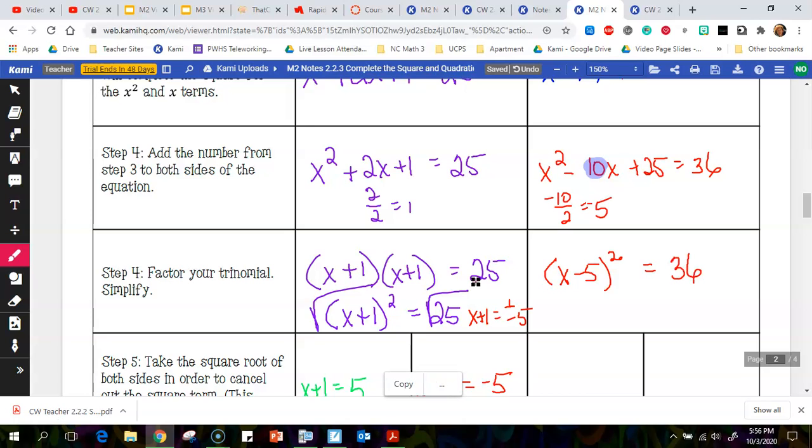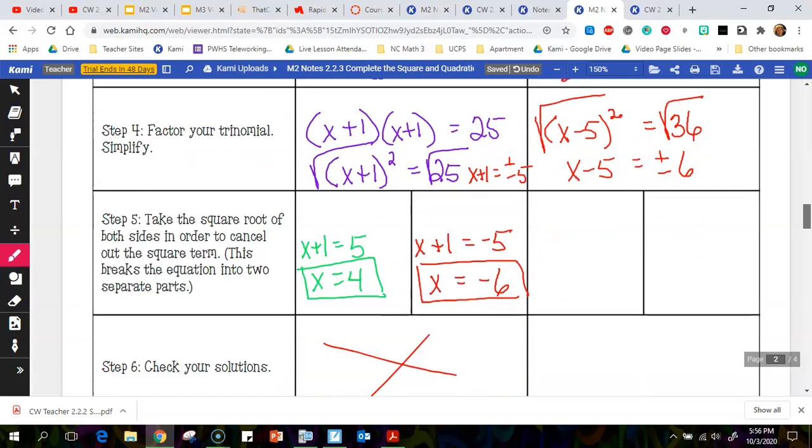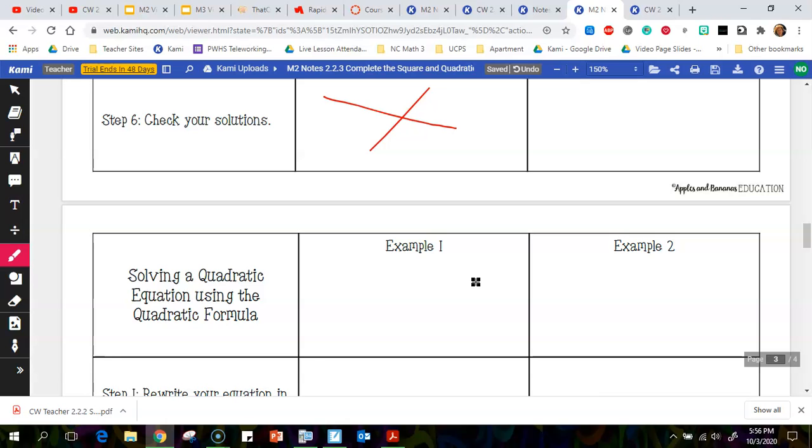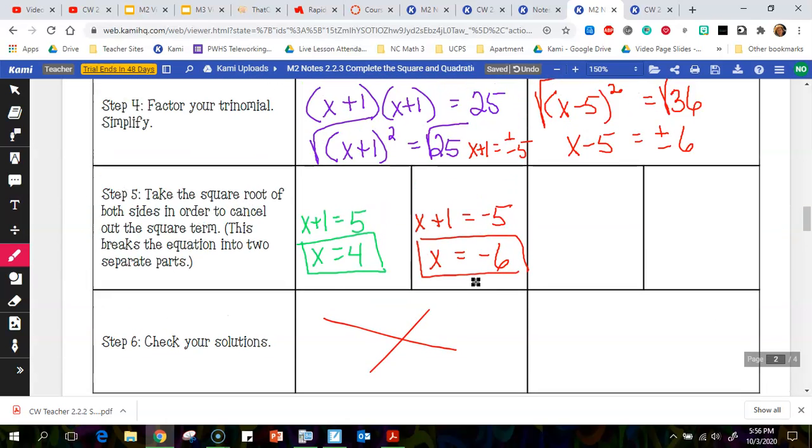Okay, so then I can take the square root of both sides and take this out from under the radical. X minus 5 equals plus or minus 6. This is where I create my two equations.